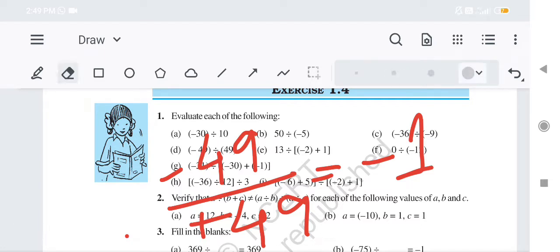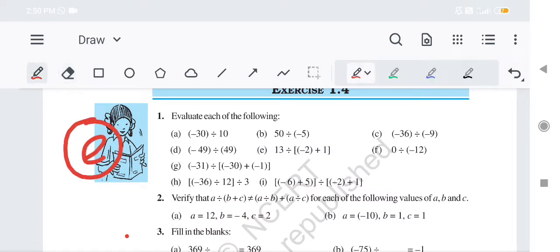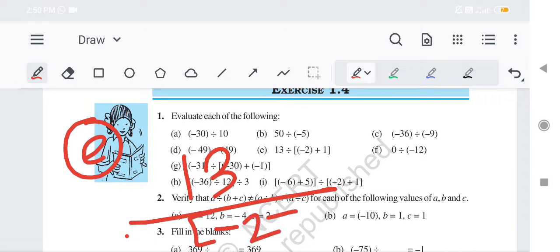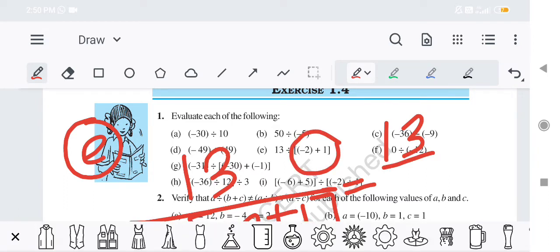Let's come to the next sum. 13 is divided by minus 2 plus 1. Before doing the division we need to do the part which is given inside the bracket.